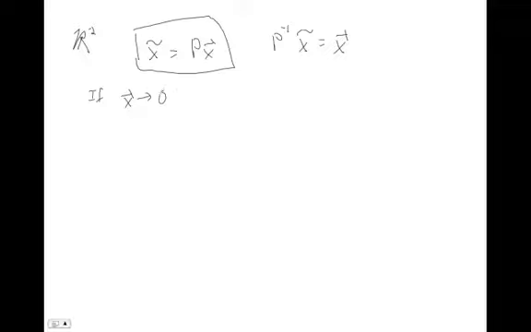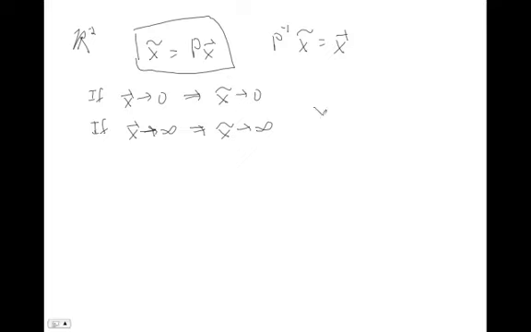So if I know that this x vector is going to 0, then I also know that x tilde is going to 0, because if I multiply P by a 0 vector, I get a 0 vector. The same thing goes for infinity. If I know that my x vector is growing to infinity and I multiply that by some matrix, then my x tilde is also going to grow to infinity.